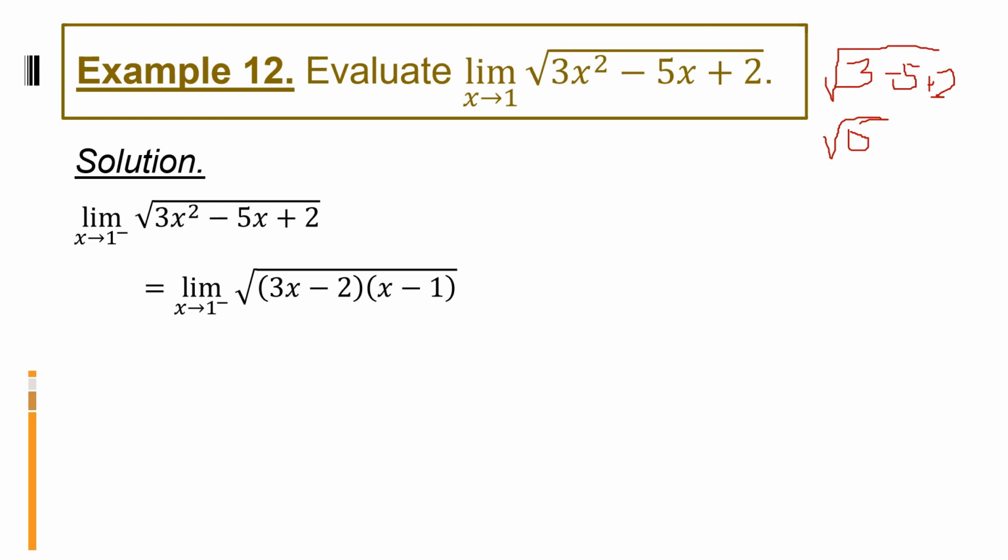Now, by direct substitution, that is just equal to the square root of 3 times 1 minus 2 is 1. And then, x minus 1 is 0 negative. Bakit 0 negative? Ginagamit natin yung values ng x na nasa left ng 1. Actually, para madali lang siya, ang gawin mo lang, maglagay ka ng value dito na less than 1. Ano ba yun? Let's say 0.